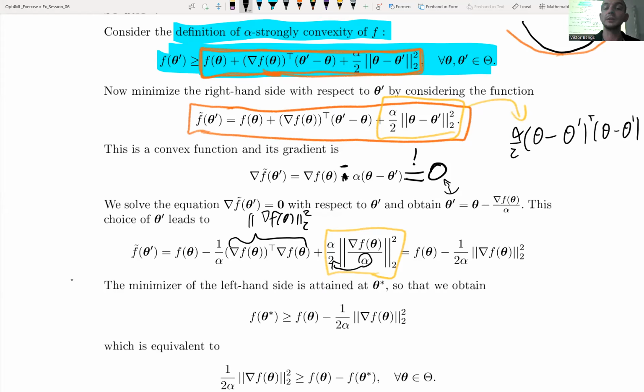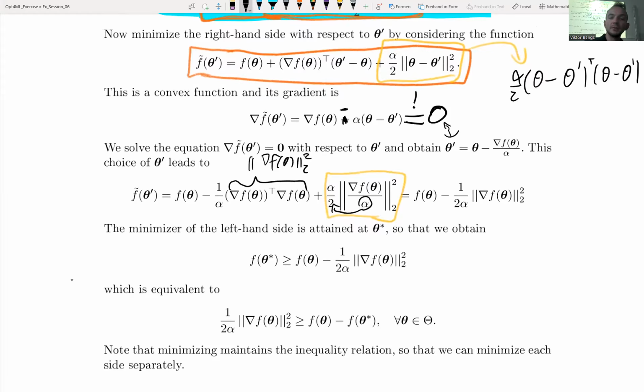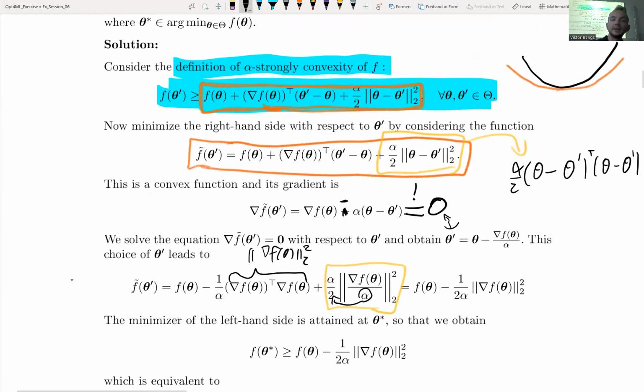Here, these two things give us a minus 1/2 times alpha of the squared gradient. Now, this is the minimizer of the right-hand side of the alpha strongly convexity equation, of this orange term. This is the corresponding value.